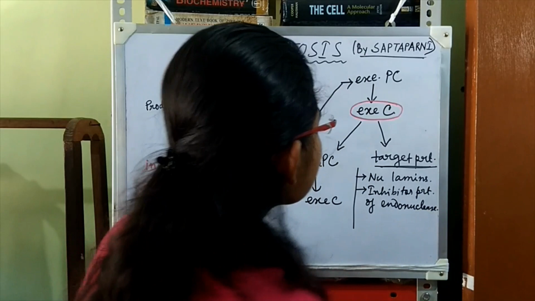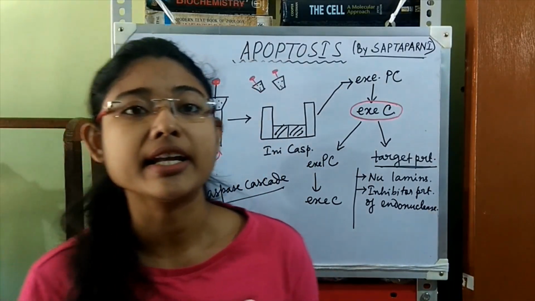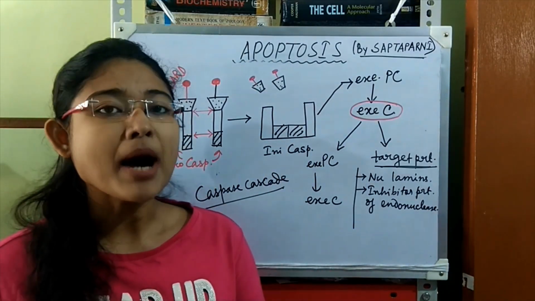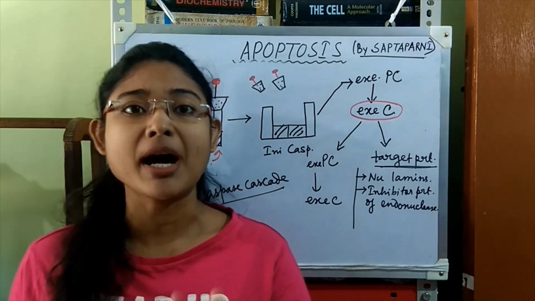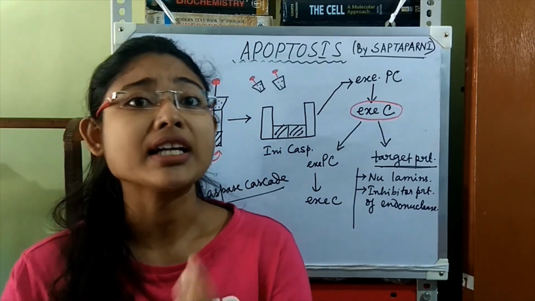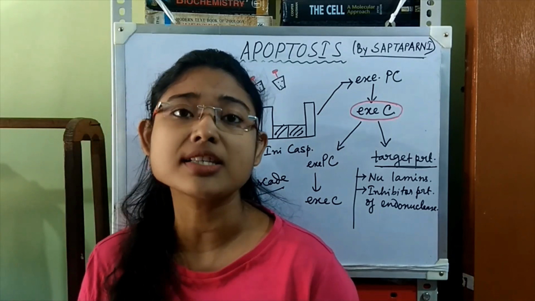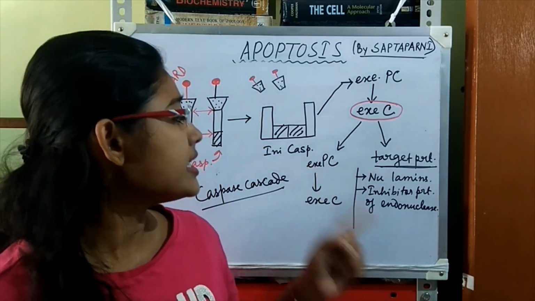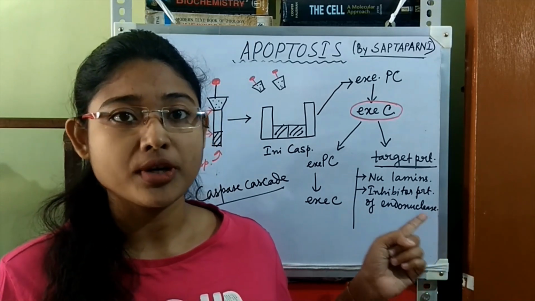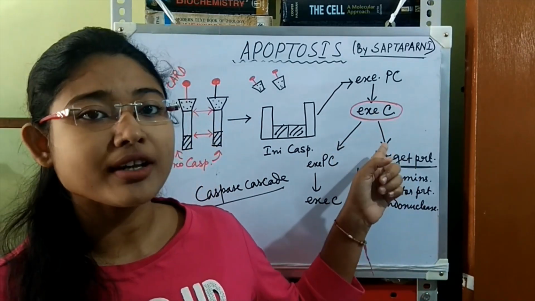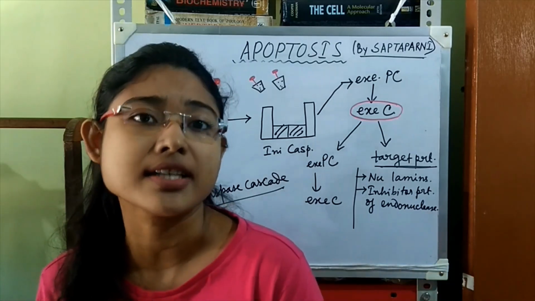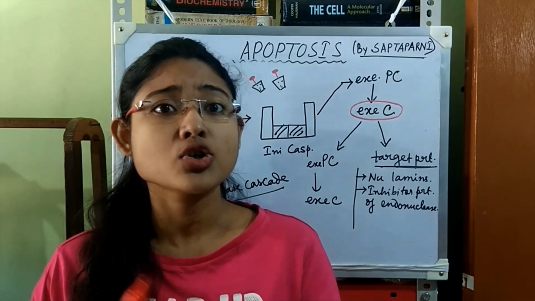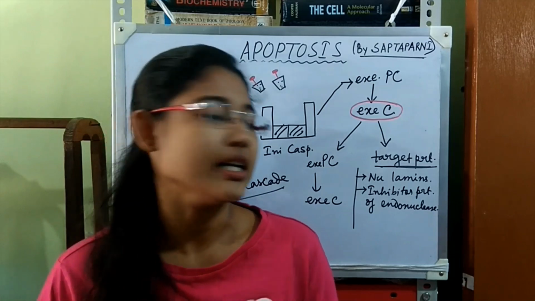We know that endonucleases cleave the DNA during apoptosis. But in a normal cell, those endonucleases are inhibited by other proteins. So to activate the endonuclease, you need to inactivate those inhibitor proteins. So the executioner caspase cleaves those inhibitor proteins and activates the endonuclease so that they can break the DNA.